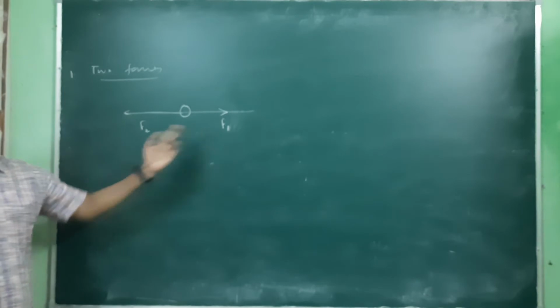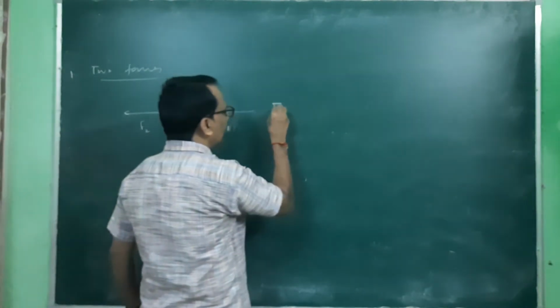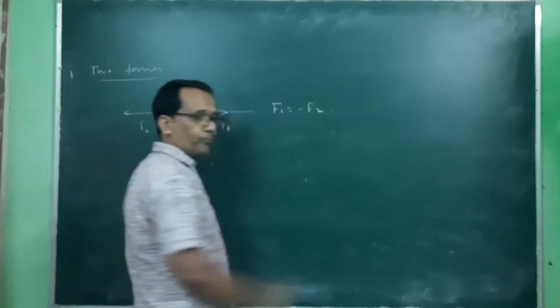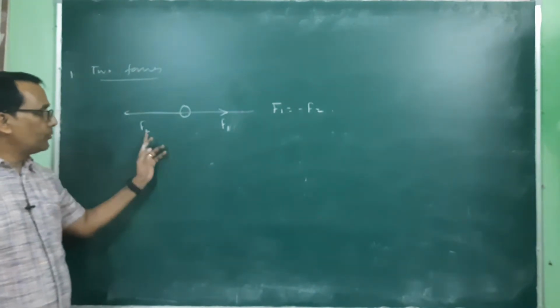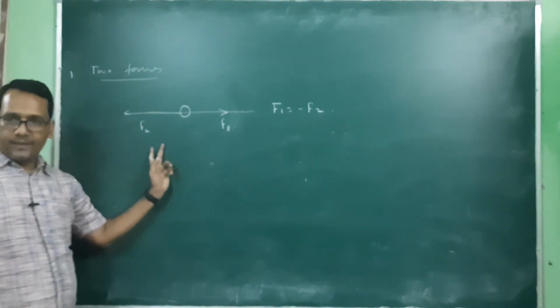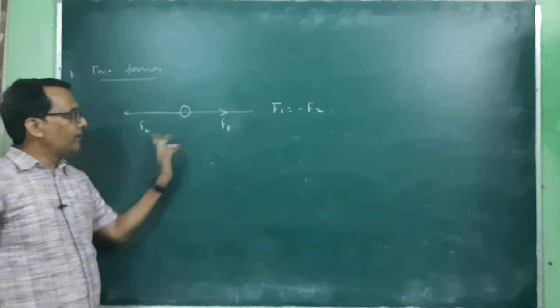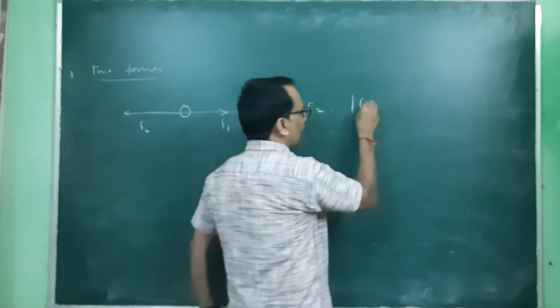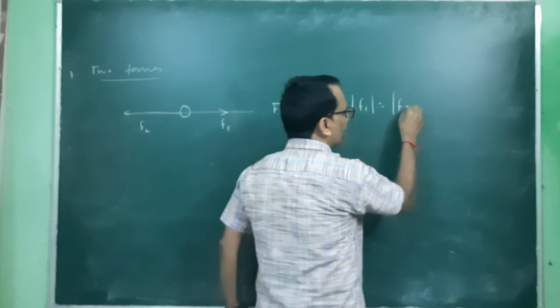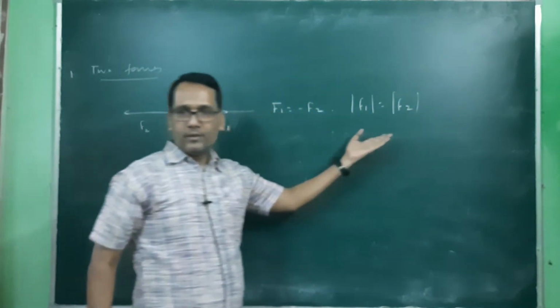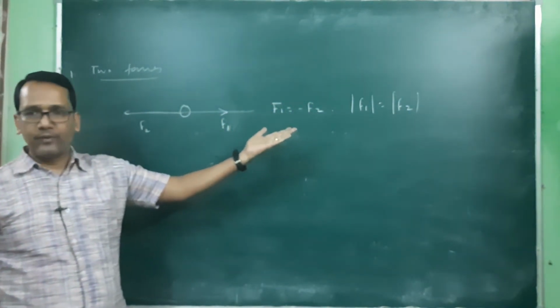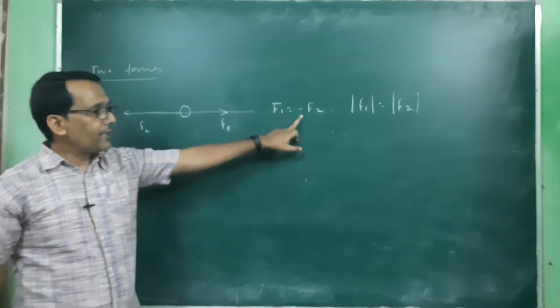These are linear forces. If F1 is equivalent to minus F2, it means the magnitude is identical and the direction is opposite. From the magnitude point of view, F1 is equal to F2 and the direction is opposite.